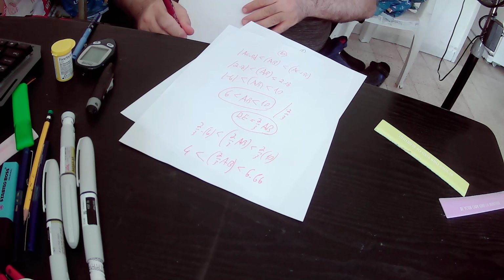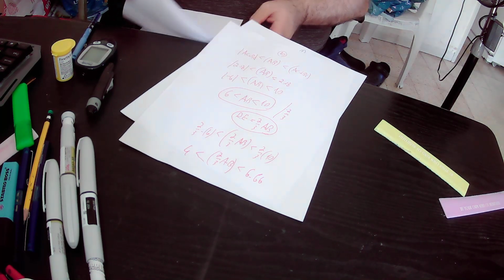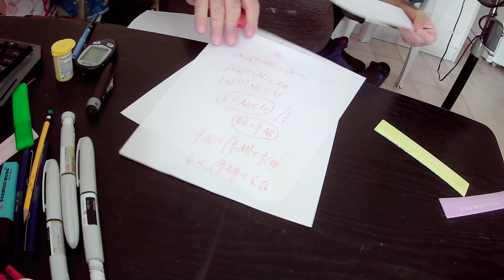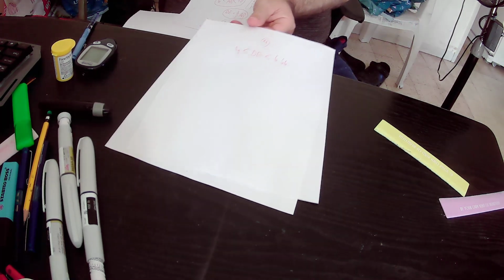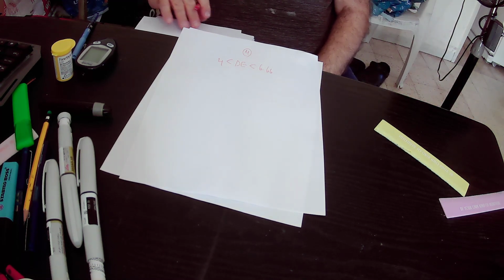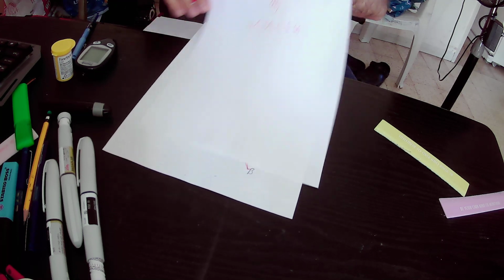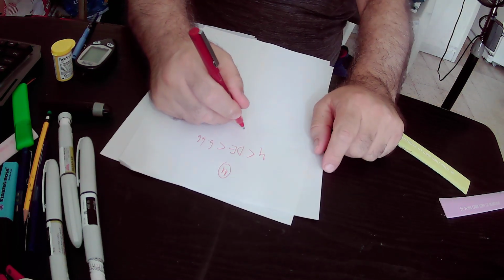So we will get that DE is greater than 4, and it is smaller than 6.66. But we also know that DE is a natural number. DE belongs to the natural numbers.